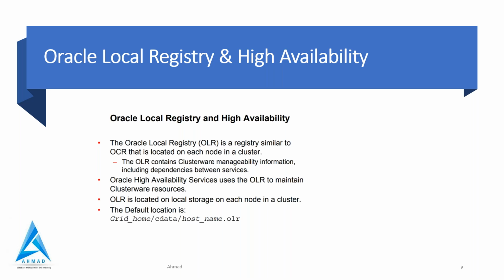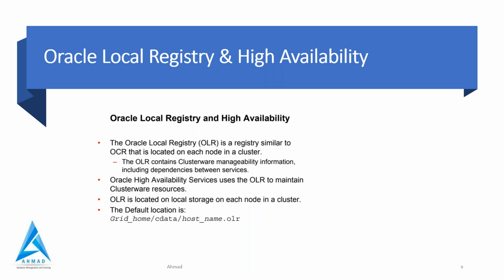Multiple processes on each node have simultaneous read and write access to the OLR, particularly on the node on which they reside, regardless of whether Oracle Clusterware is running or fully functional.